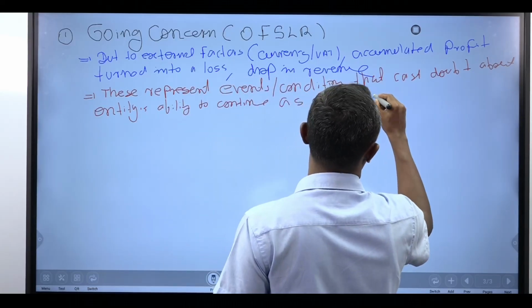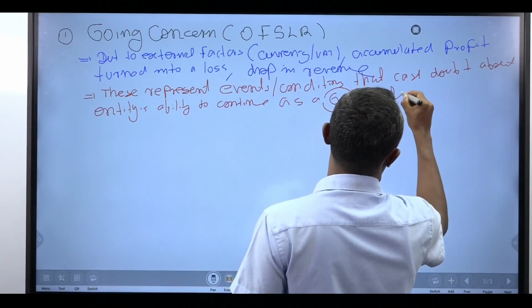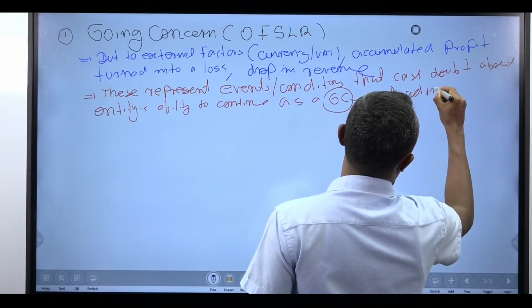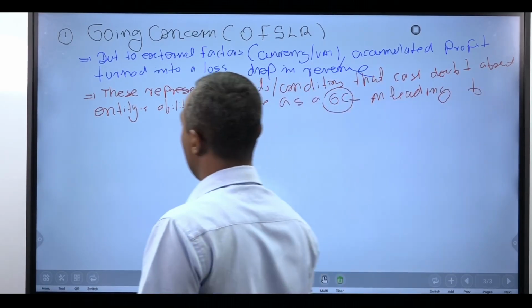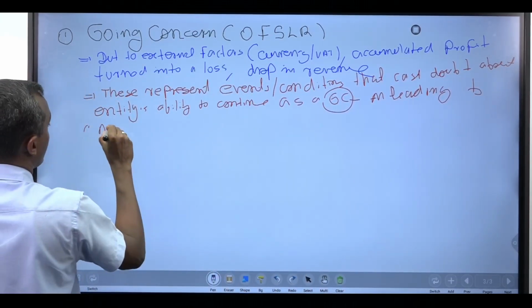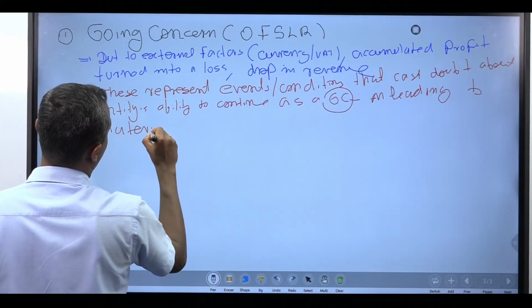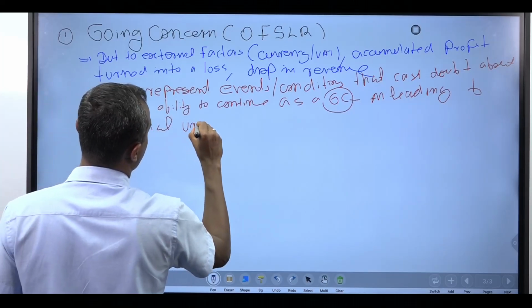And that leads to the keyword material uncertainty. That's coming from the going concern standard.